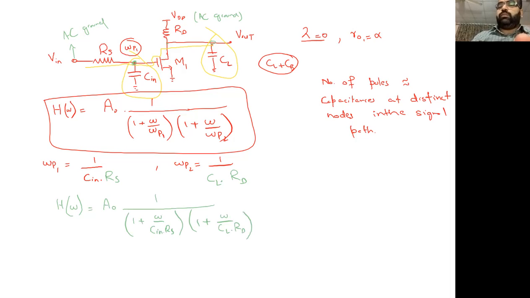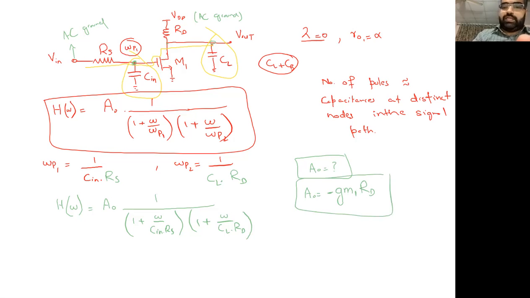That's good, but still I don't know A0. But that's what we were doing in the first 10 lectures. We know how to find the gain of this amplifier. And what is the gain of this amplifier? It's going to be A0. It's a common source, simple. R0 is infinite, so minus gm1 RD. Minus because it's an inverting amplifier.